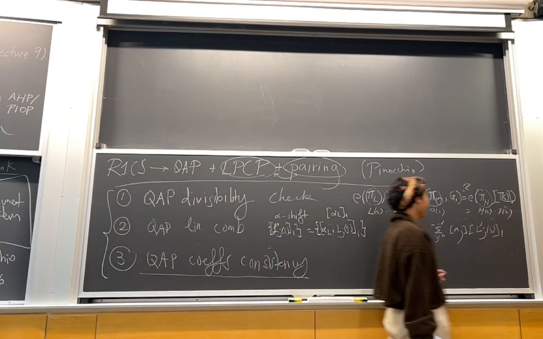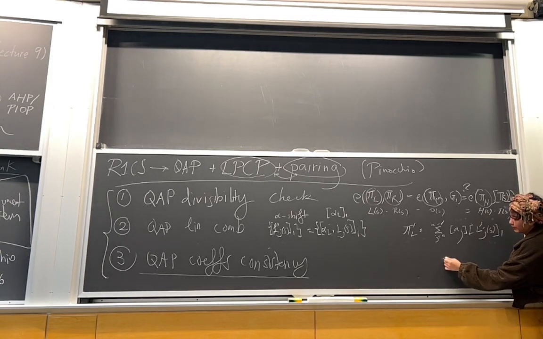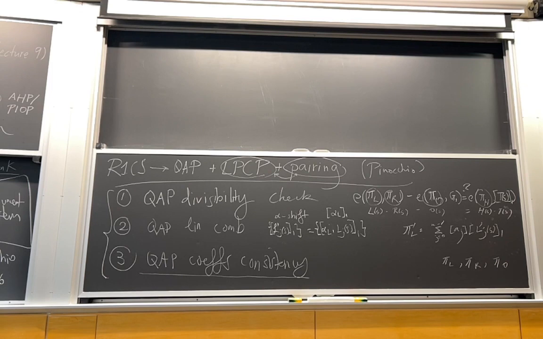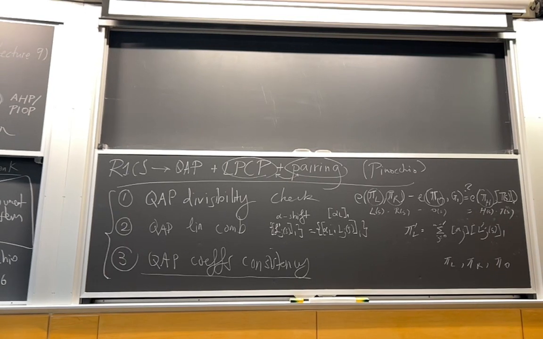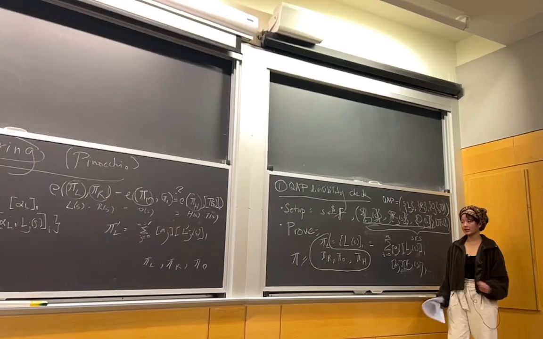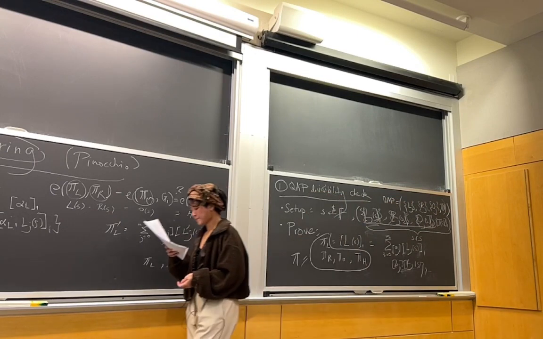The coefficients consistency check: it's looking at your pi L, pi R, and pi O, and it's asking how do I know that you used the same AJs to compute each of them? Maybe you used different ones for each. That's actually not constrained by the previous two checks.